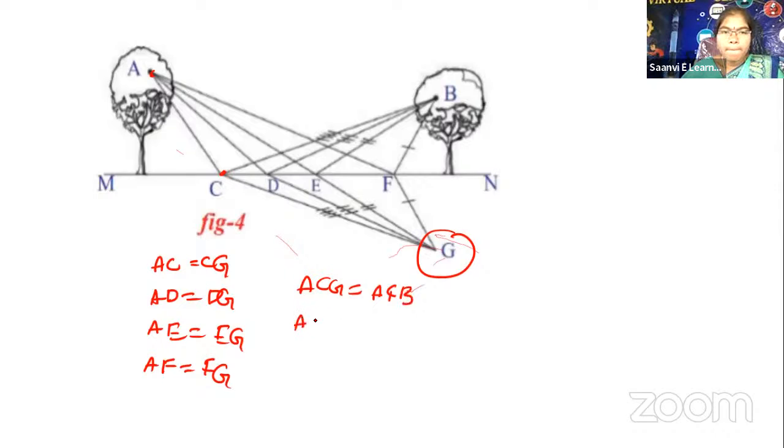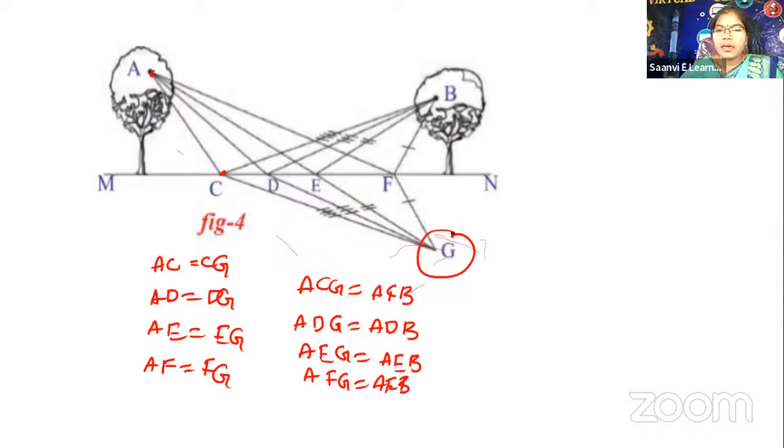Next, ADG is equal to ADB. Next, AEG is equal to AEB. Next, AFG is equal to AFB. Here these are all duplicate rays.